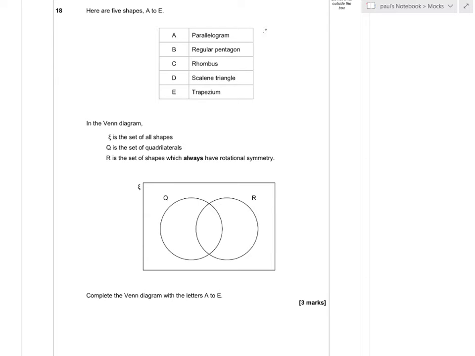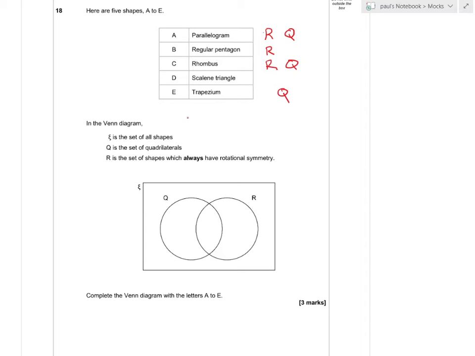Parallelogram has rotational, and it's a quadrilateral. Pentagon has rotational. A rhombus has rotational, it's a quadrilateral. Scalene triangle doesn't have either. And a trapezium is a quadrilateral, but it doesn't have either.